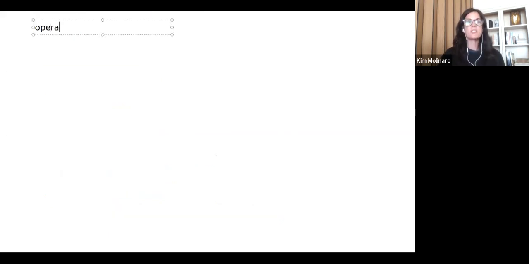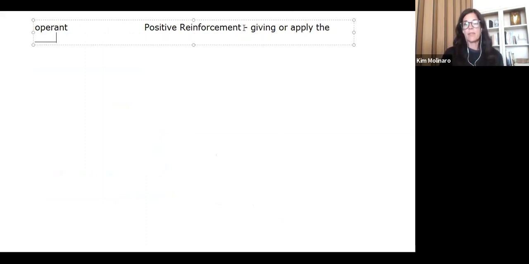So in response to an operant, if positive reinforcement follows it, positive reinforcement is defined as, because it's positive, it's giving or applying, because of the word positive, something to increase the chance the operant will occur again.